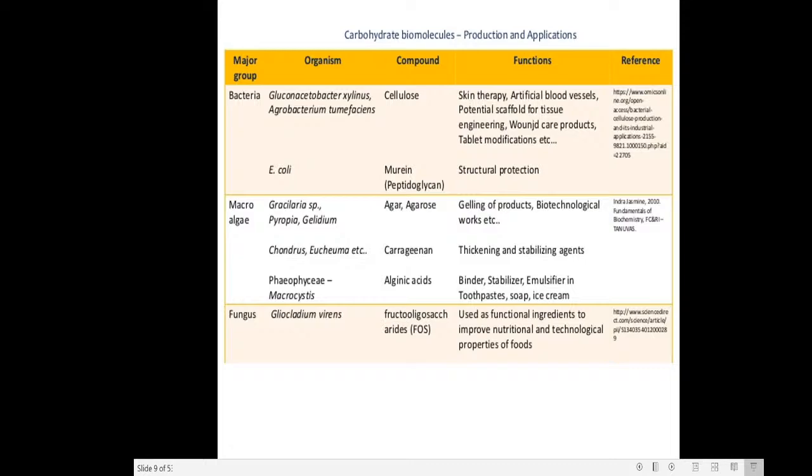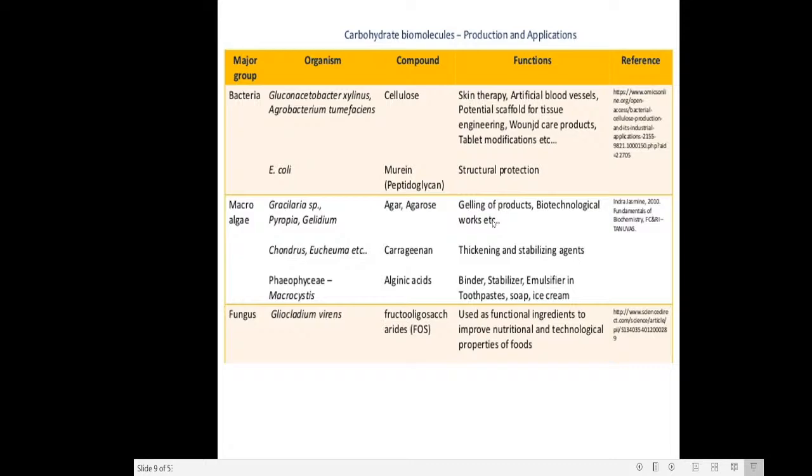And E. coli produces murein, a structural protection component. Agarose and agar are produced by Gracilaria species and Pyropia species. These are all macroalgae, and algae have a rich amount of carbohydrates, which is helpful for many purposes. The agar and agarose are also used as a food product in many countries.